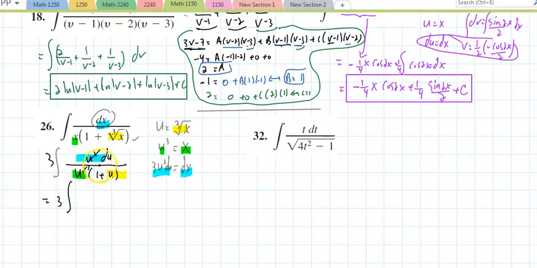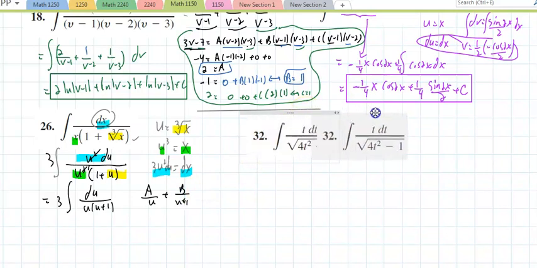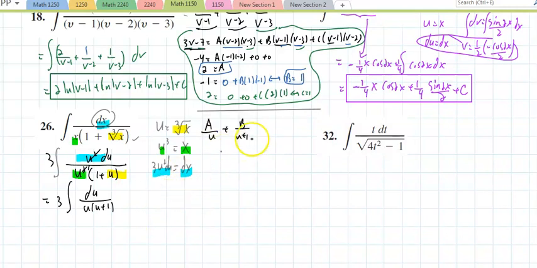This cancels 2 of those, you have 1 left over, du divided by u into u plus 1. So if you go on the side and say, well, that's going to equal a over u plus b over u plus 1. Let me shift this a bit to the right, and maybe I could do this here just to save space.